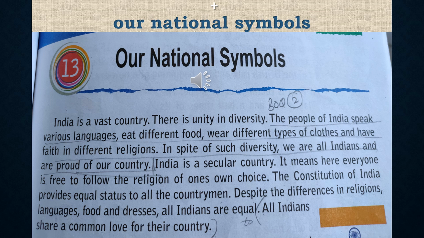Doesn't matter if we speak different languages, wear different types of clothes, eat different food, or follow our own different faiths. The one thing which binds us together is our nationality, that we all are Indian first and everything else comes after that.